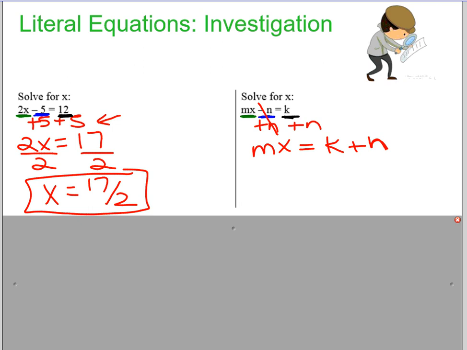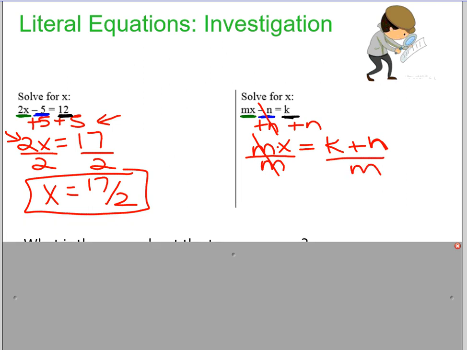All right? Now, I want to get x by itself. This, again, means m times x. Just like over here, this meant 2 times x. So I want to get rid of that multiplying by 2 by dividing by 2. Over here, I want to get rid of this multiplying by m. I do that by dividing by m. So I'm going to divide both sides by m, okay?